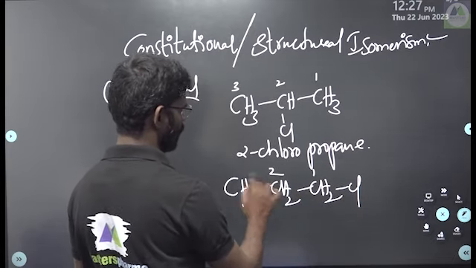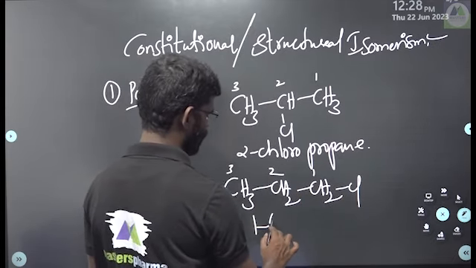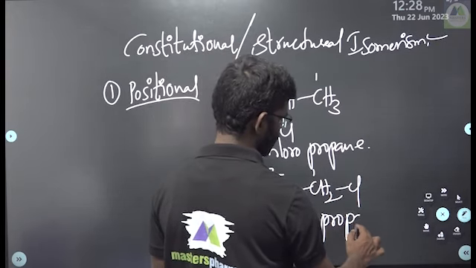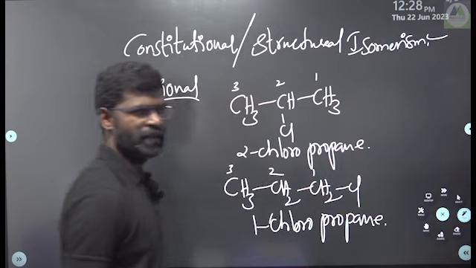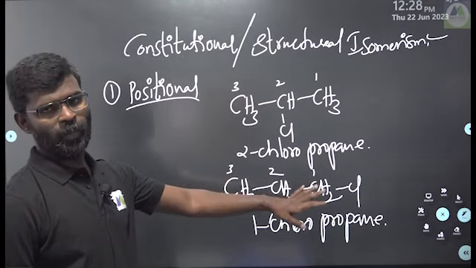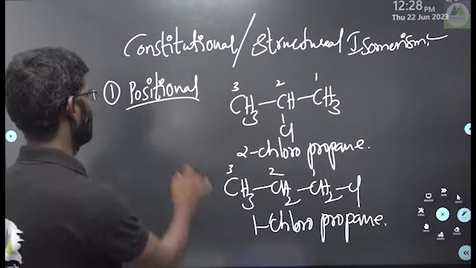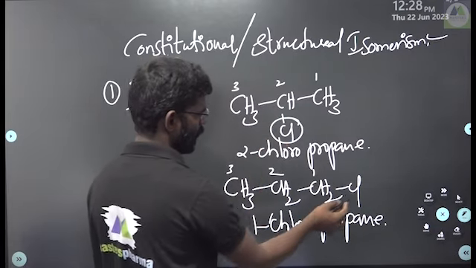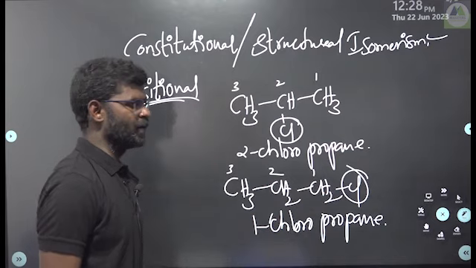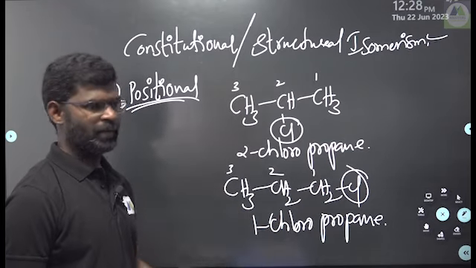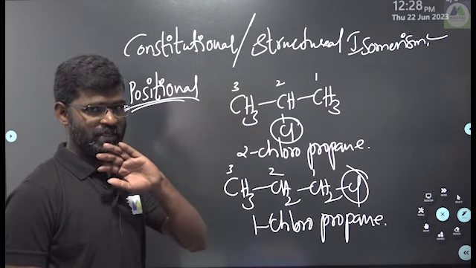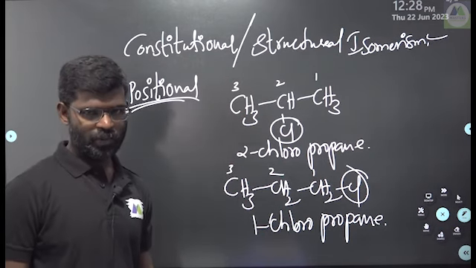Give the numbering 1, 2, 3: 1-chloropropane. Did you observe the difference between these two? Both are chloropropanes, but the position is different. That is called positional isomerism. The number of carbons, hydrogens and chlorine atoms is the same, but the position is different. Those are called positional isomers.